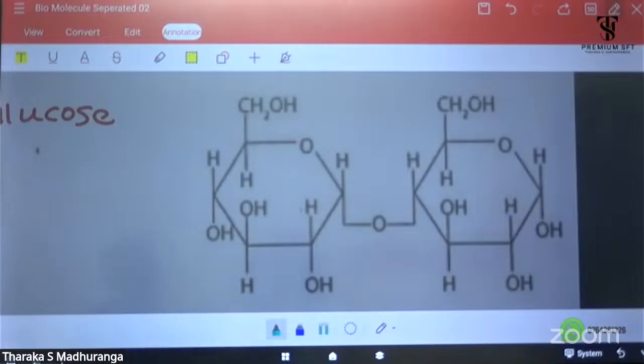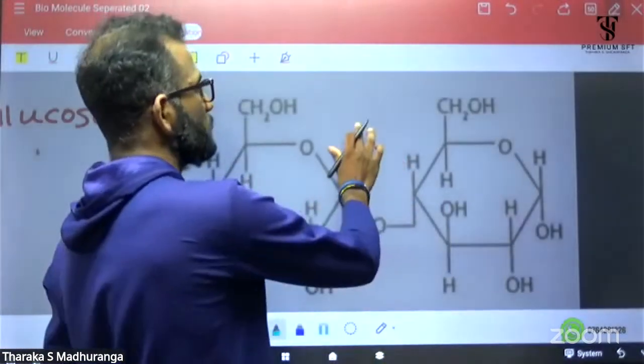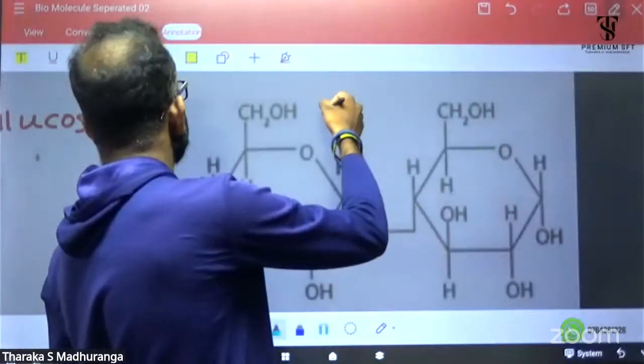Salmia, it's a disaccharide name. Fatima? Yes. That's a combination of two alpha glucose, then it is maltose. Alpha glucose, maltose.